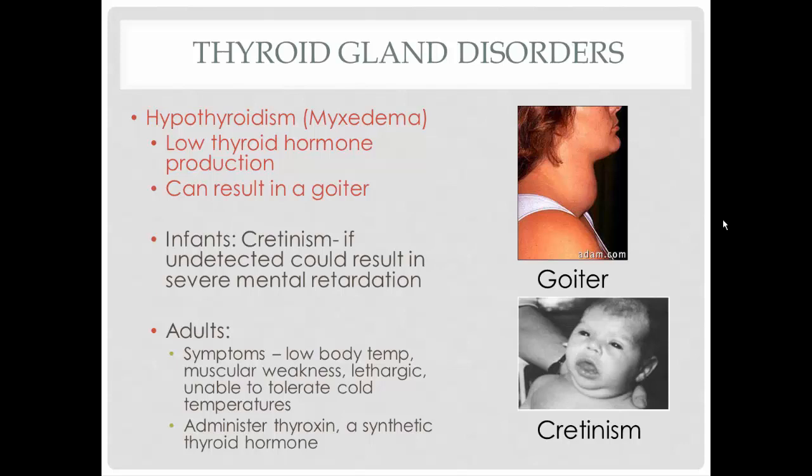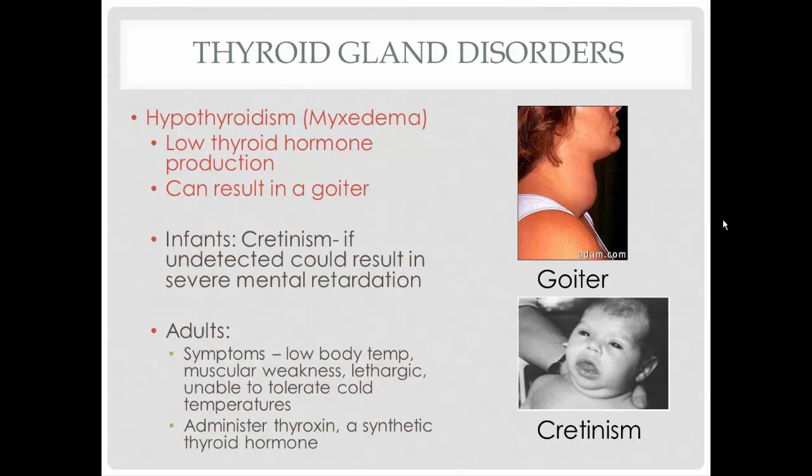Low levels of thyroid hormone, if you remember, is going to have less inhibition on the thyroid stimulating hormone of the anterior pituitary. Less inhibition of TSH means I make more TSH. More thyroid stimulating hormone, or TSH, means I'm going to make more thyroid hormone.